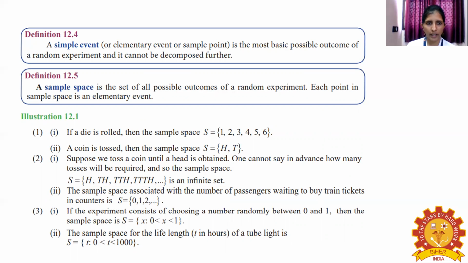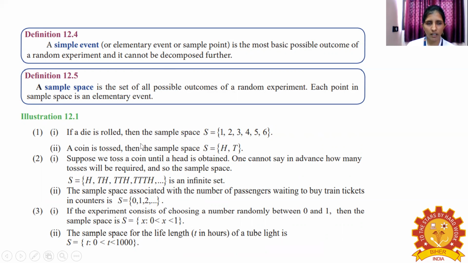Let us see a few illustrations. If a die is rolled, then the sample space S will be equal to {1, 2, 3, 4, 5 and 6}. As you already know, a die has only 6 faces. So the numbers marked on each face are considered as the sample space of this particular event.